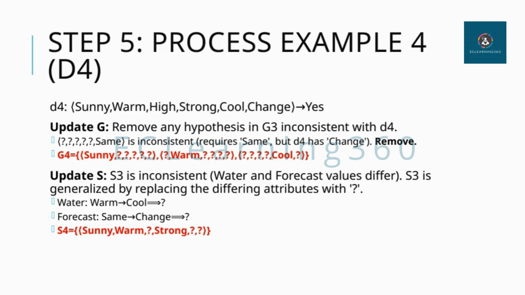So for water, since the example is warm and the hypothesis was perhaps more specific, we now use '?', indicating that water can be any value. Similarly, for forecast, which changed from same to change, we also replace it with '?'. This results in S4, which is sunny, warm, '?', strong, '?', '?'. Overall, this process helps us refine our hypotheses and version space, ensuring they are consistent with new examples while keeping our models as general as possible, without losing accuracy.